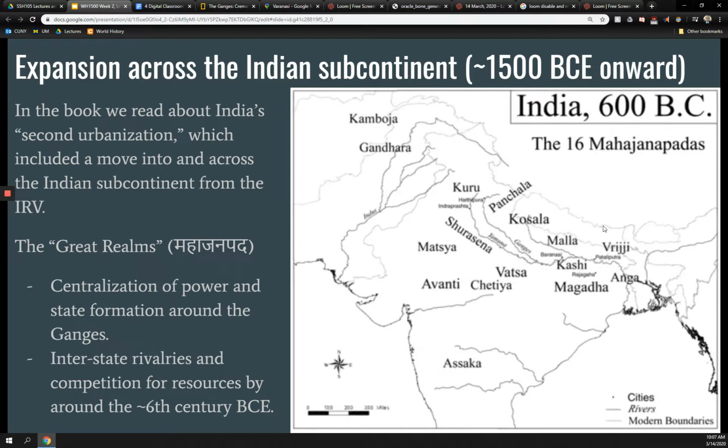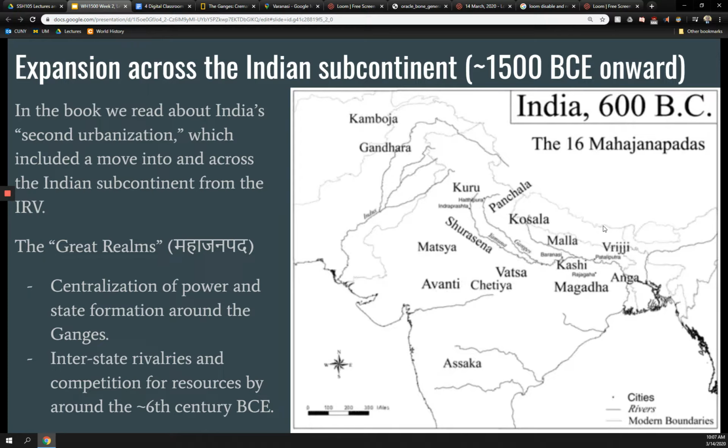But getting back into the Indian subcontinent from 1500 to 600 BCE, in the book we read about a second urbanization, and this is really this shift from the Indus to the Ganges.